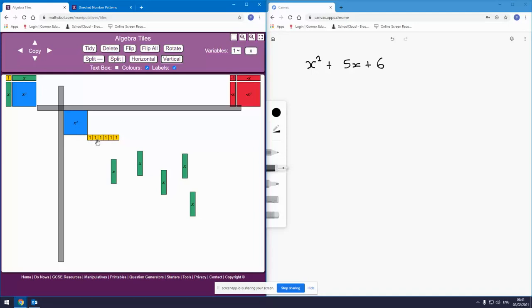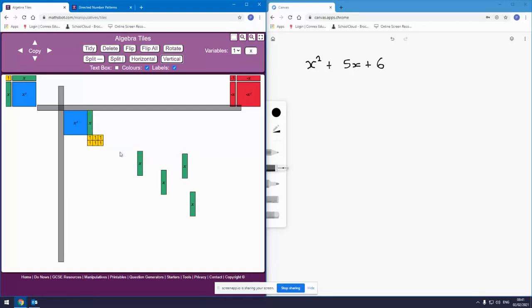What that means is if I'm going to create a rectangle out of this, it all comes down to what this rectangle looks like. Is this going to be a 1x6 rectangle, or is it going to be a 2x3 rectangle? My judgment is going to be about which of these, the 2x3 or the 1x6, allows me to fit my x's in the space to complete this rectangle.